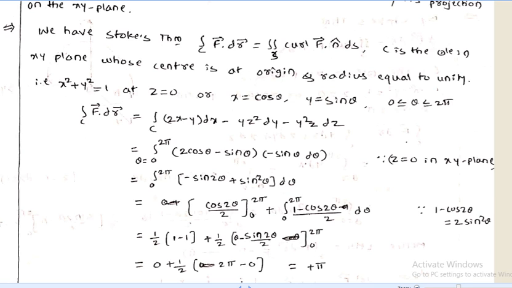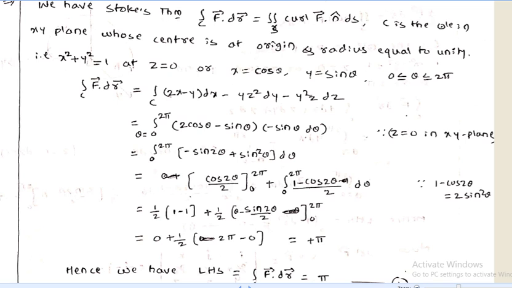So 2 sin theta cos theta is sin 2 theta, and minus sin theta into minus sin theta is plus sin square theta d theta. Now we integrate sin 2 theta, which gives cos 2 theta by 2, and the integration of sin is minus cos, so minus into this minus is plus, over the interval 0 to 2 pi. Then the integration of sin square theta.